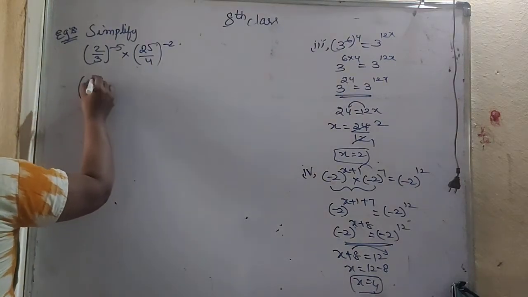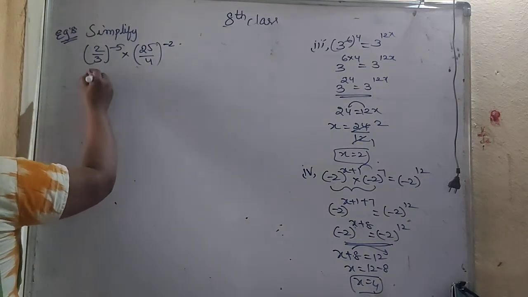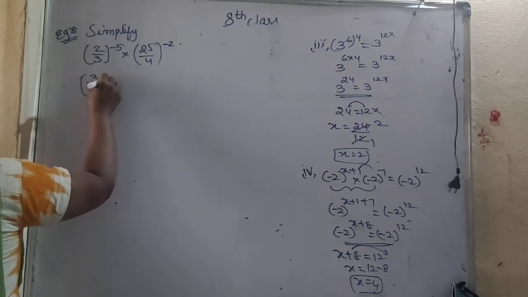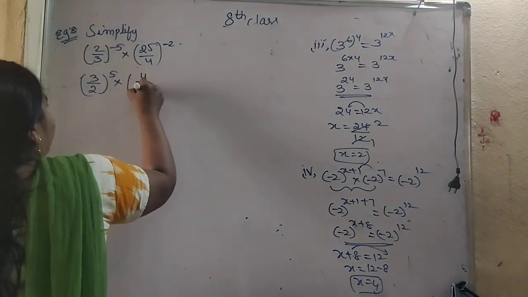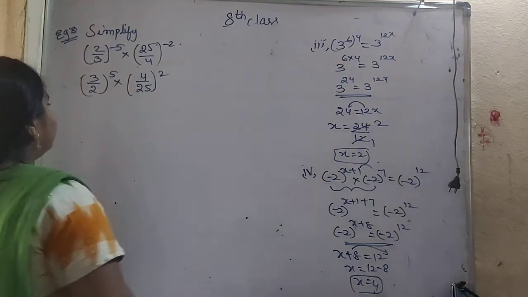So here 2 by 5 to the power minus 3 we can write as 5 by 2 whole power 3. And this one we can write in the form of 4 by 25 to the power of 2.